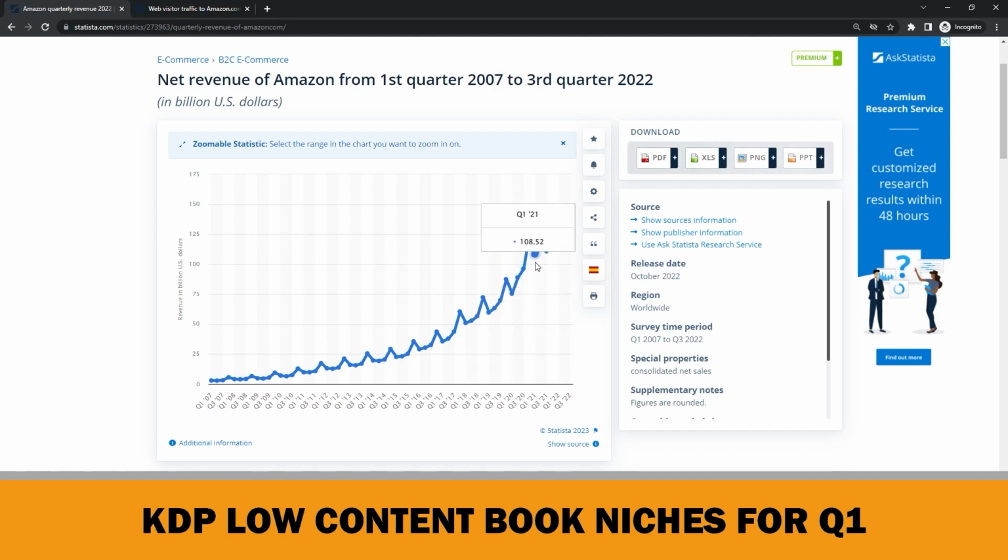However, it doesn't mean that your income will also reduce during Q1. I know that some people make more money in Q1 compared to Q4 because every one of you is working on different niches and has a different level of skills in keyword research, design, listing, marketing, and so on. Thus, each of you will have different results for sure.